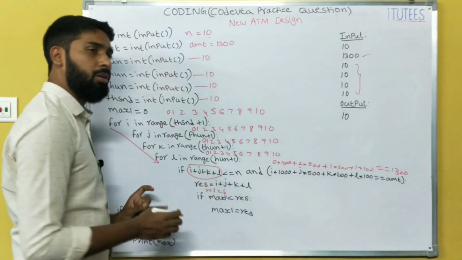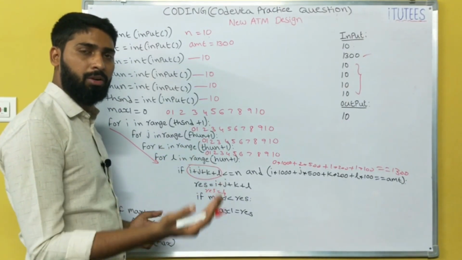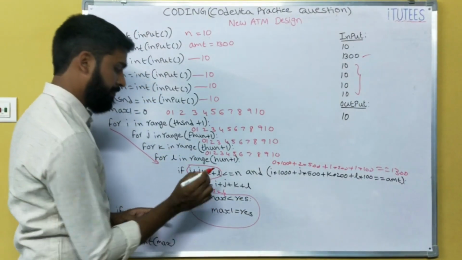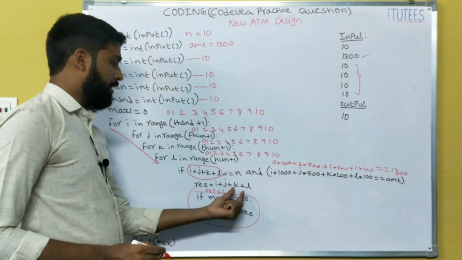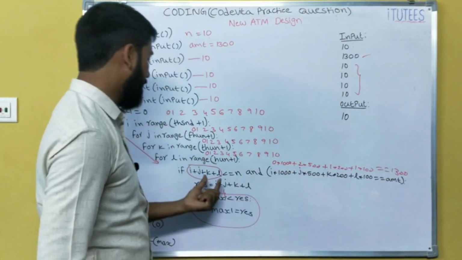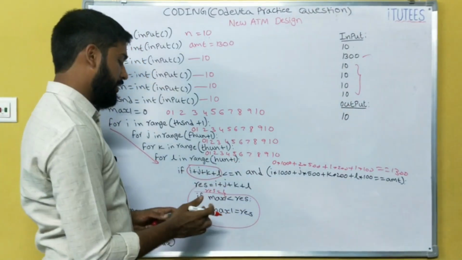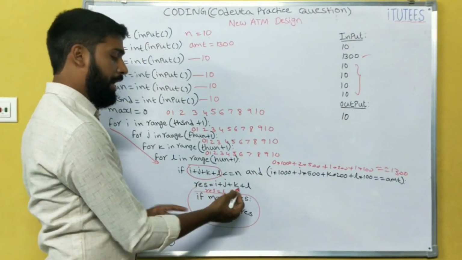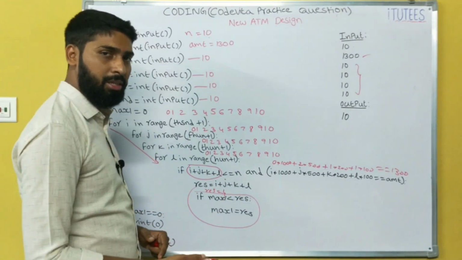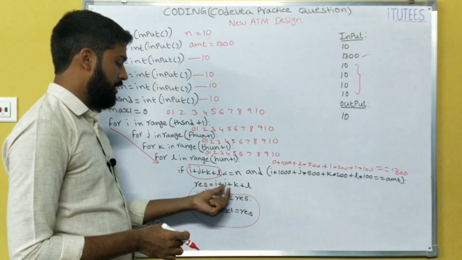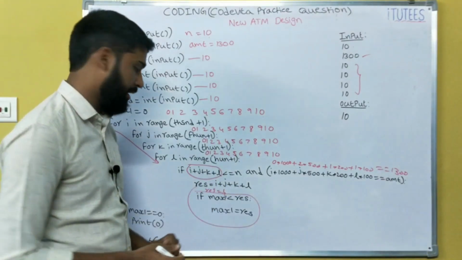Now we are going to find the maximum number of notes we can withdraw, so here I am writing one condition. Every time, if the total equals the amount and the count is less than or equal to N, and both conditions are true, then result equals i plus j plus k plus l, respectively the number of notes of 1000, 500, 200 and 100.